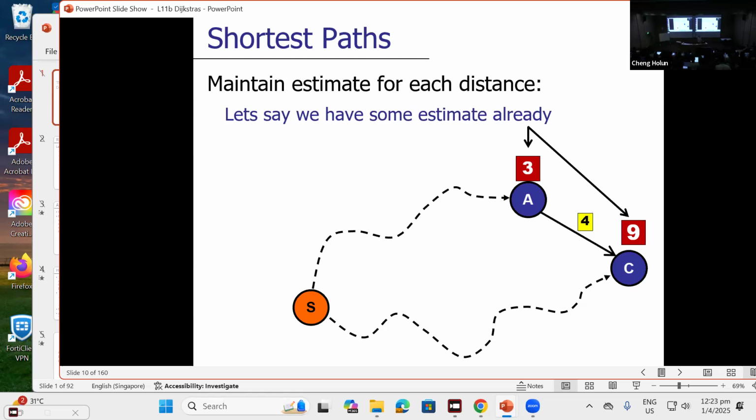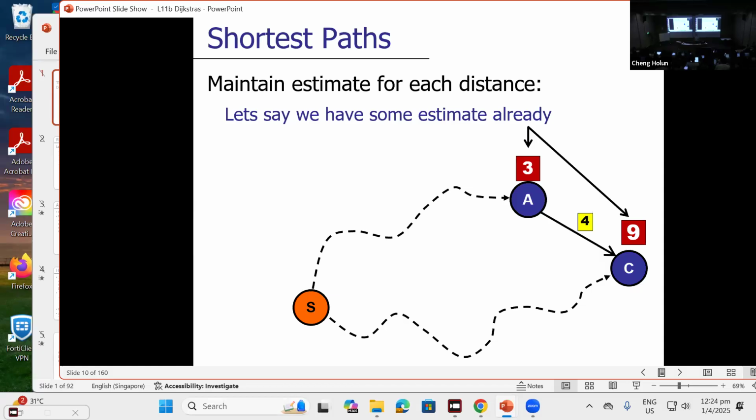One way is the original way, because the original way, I think S to C takes 9 minutes, okay? But now I know that from A to C takes 4 minutes. The question is, is it faster to go to A and then to C, or to use the original old way to go to C? This decision and this process is called relaxation.